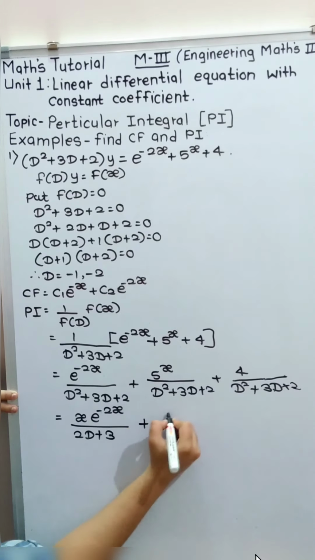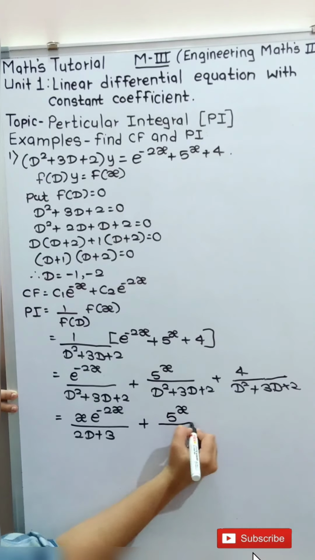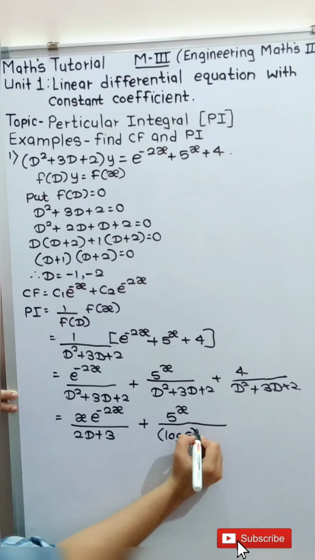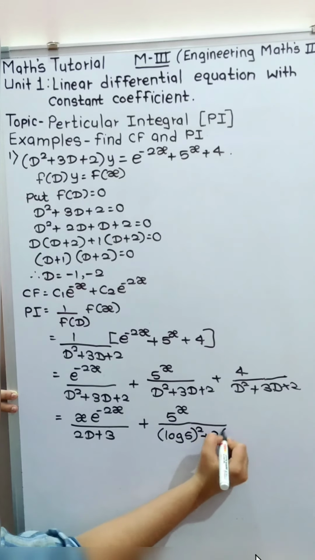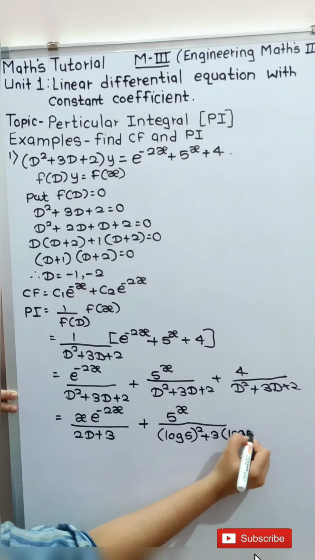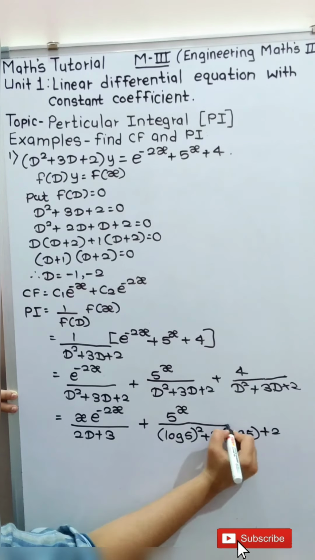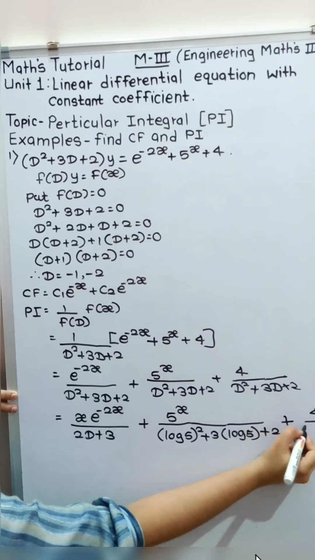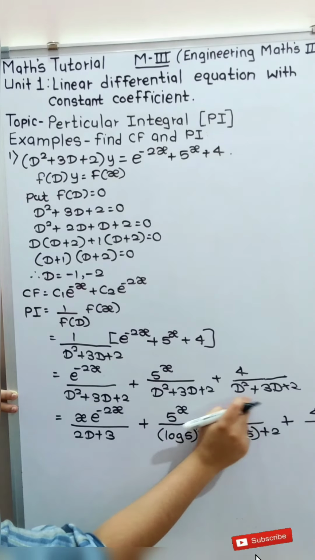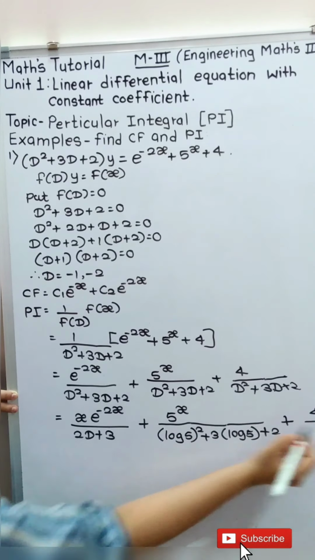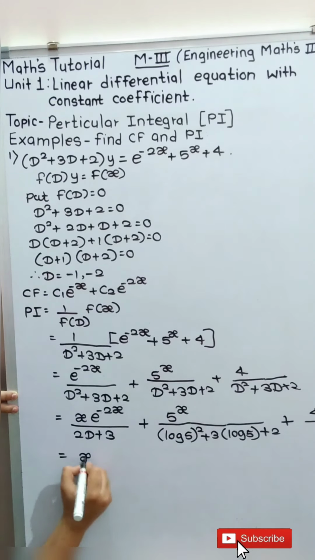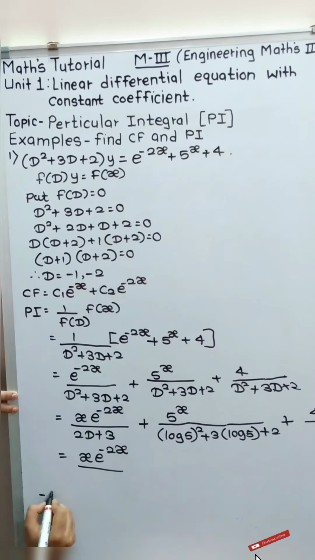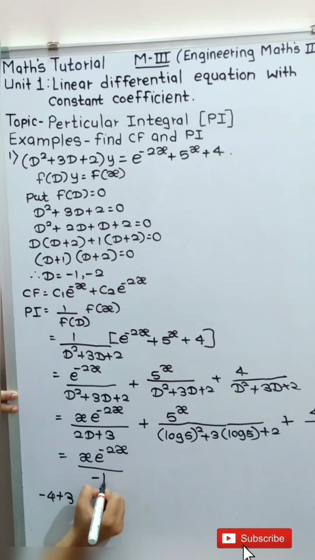Okay, so for 5 raised to x, a raised to x, that is, a is log of 5, so log of a square plus 3 into log of a plus 2. And for 4, k upon f of D means put D is equal to 0, so 4 upon 2. So we get x e raised to minus 2x. Put D is equal to minus 2: minus 4 plus 3, that is minus 1.